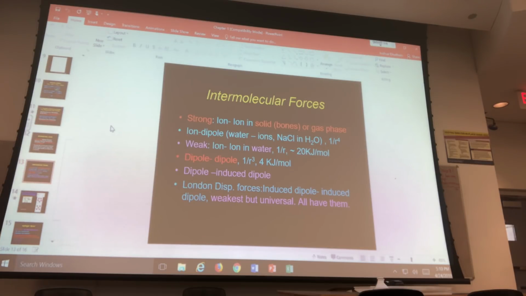And then you get to your weaker forces, such as dipole-dipole, and the weakest one, London dispersion, which can also be called van der Waals. Those are from strongest to weakest. You may be given a question where they give you a bunch of different molecules and they'll ask you to order them from strongest to weakest or weakest to strongest, whatever order, all right? So, a little bit of a refresher there.